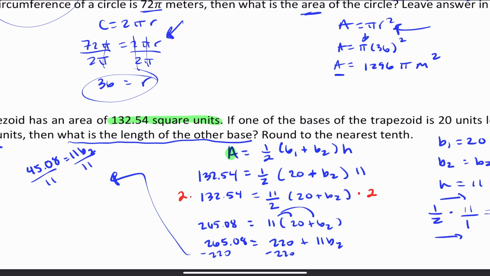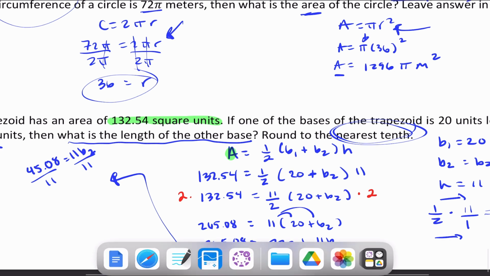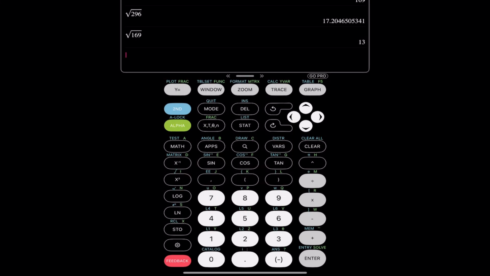Okay, so 45.08 divided by 11. We're rounding to the nearest tenth here. So I had it on my calculator, or I should just go ahead and show you on my thing. Okay, so I wrote 45.08 divided by 11, and you have this.